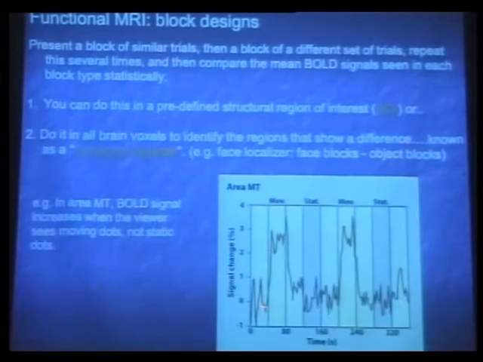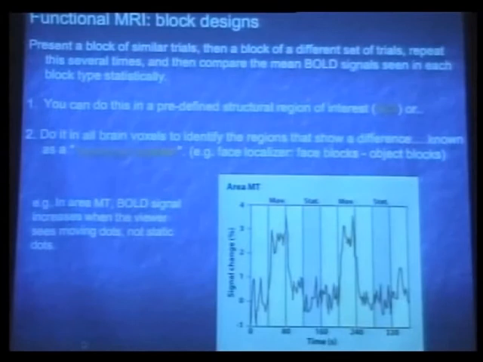And you can see that only when there's moving dots does the activity go up. When it's fixation, the activity is pretty low. If you show static dots, there's no difference from fixation. Only when there's movement do you actually see this. So here the subtraction would be between moving and static, and that would show you that this is an area that's responsive particularly to moving dots.